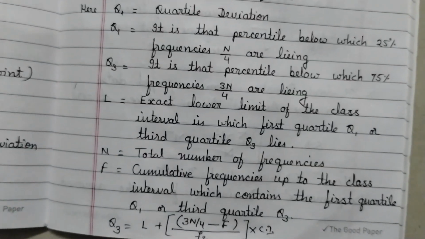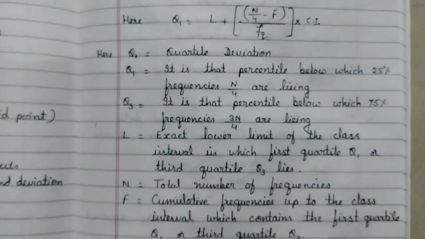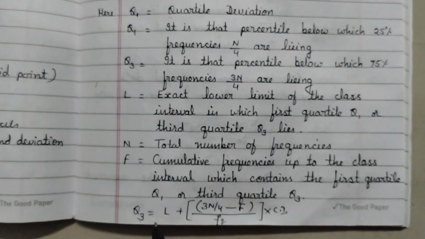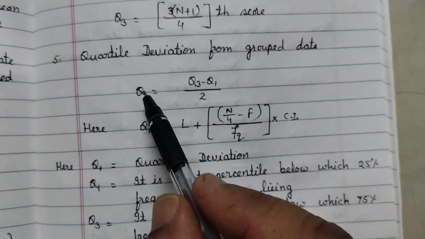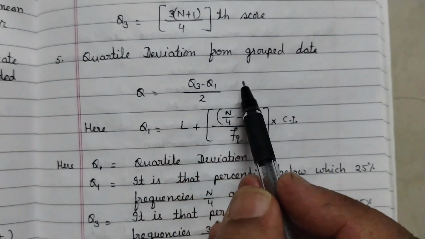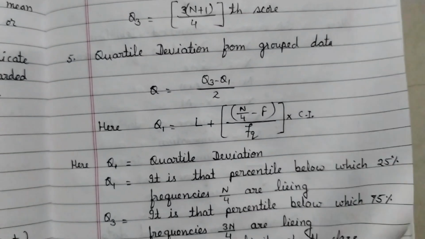So from this equation we will calculate Q1, and from this equation we will solve Q3 values, and putting the values of Q3 and Q1 in this equation we will have quartile deviation from the grouped data. So this is all about quartile deviation from grouped data.